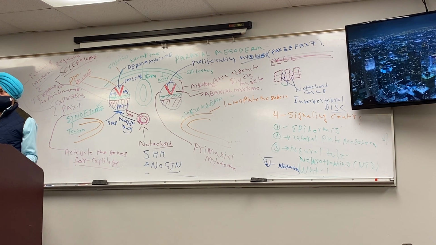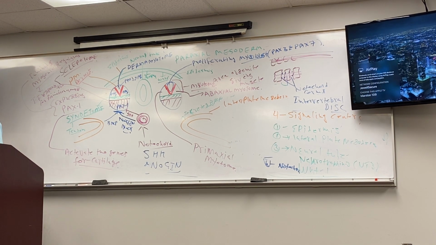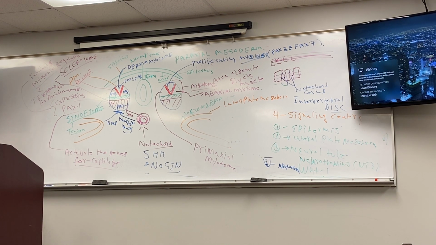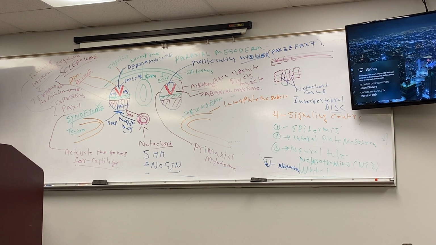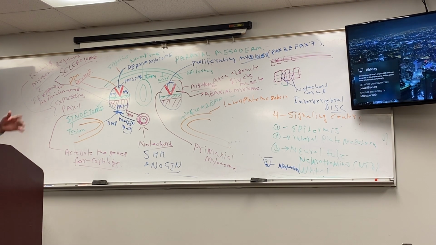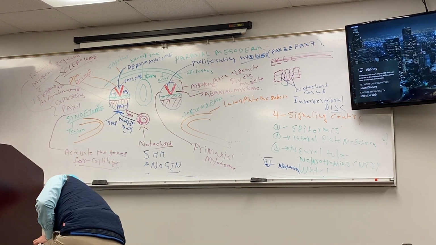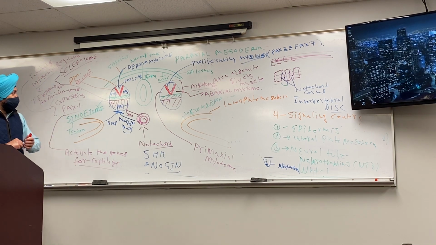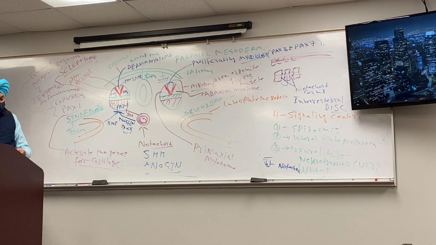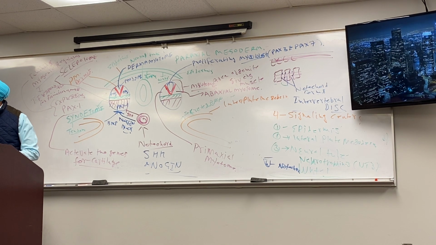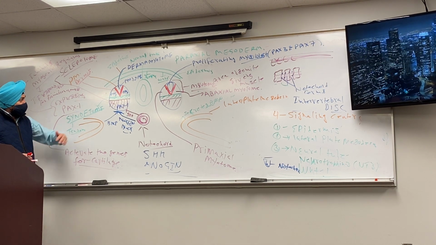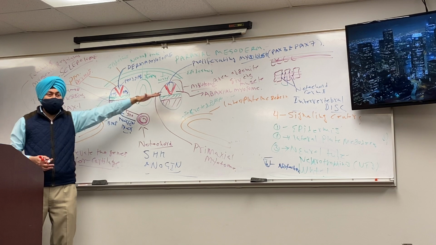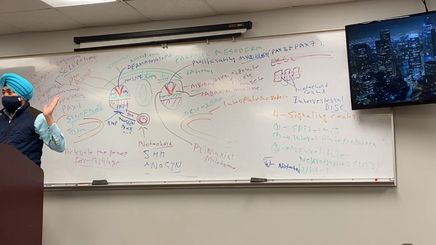So let me go back, before making it more complicated. Okay. So we are talking about the paraxial mesoderm, and we are saying that the paraxial mesoderm is divided into certain pieces, and each of that piece is called a somite. And each of these somites is experiencing 4 signaling centers. If we look at the location of these, the epidermis is there, the neural tube is there, and on both sides of the neural tube you have the somites, right?